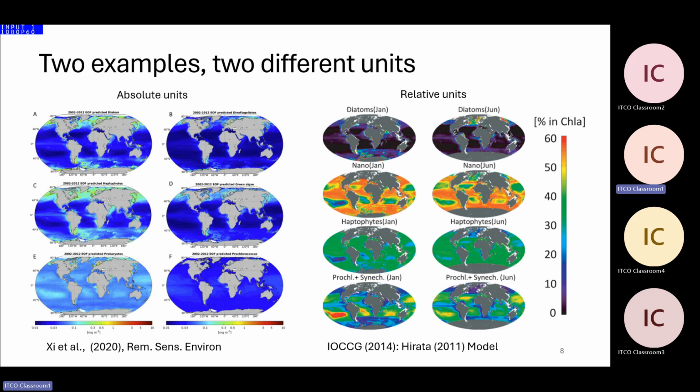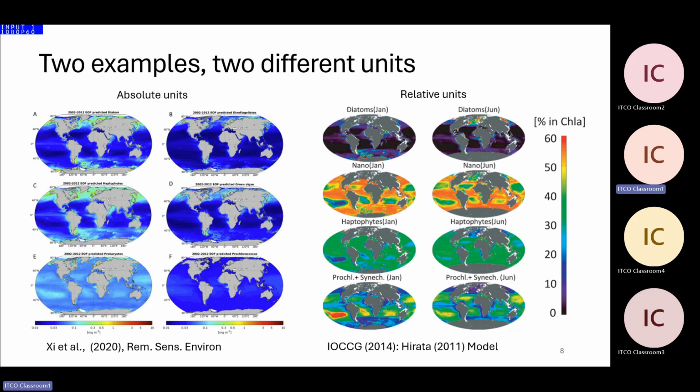Okay, so here we've got a comparison of absolute units versus relative units. It's hard because it's behind me, in front of me. There it is. If you look at your left-hand side, we've got some phytoplankton groupings based on absolute units, looking at different groups and how much of the total chlorophyll each has, in units of micrograms of chlorophyll per cubic meter.